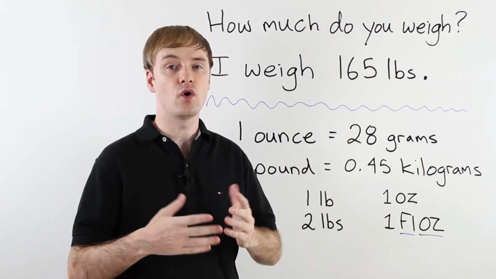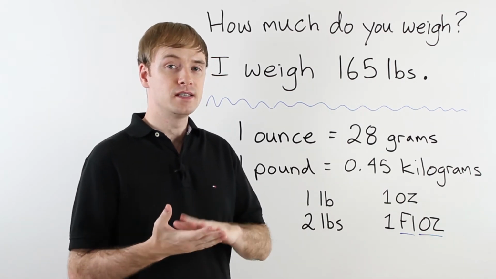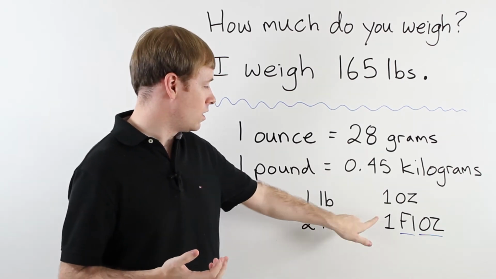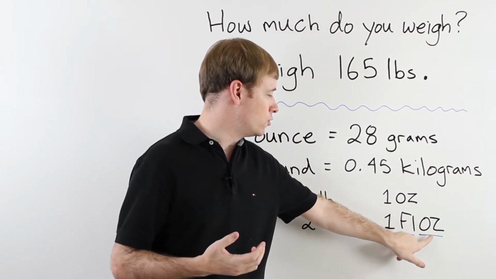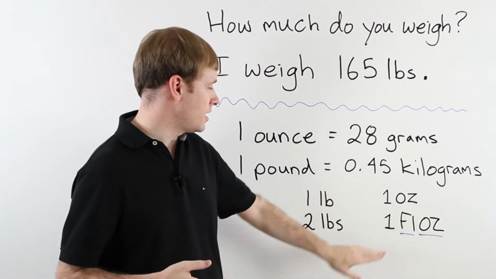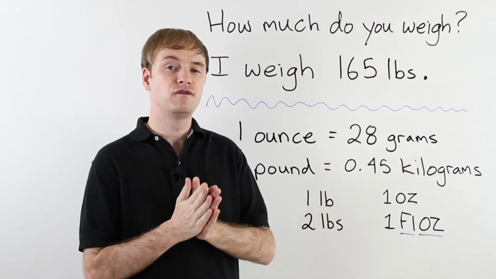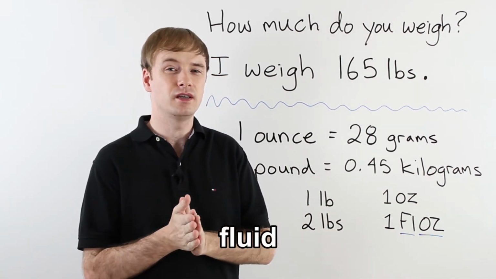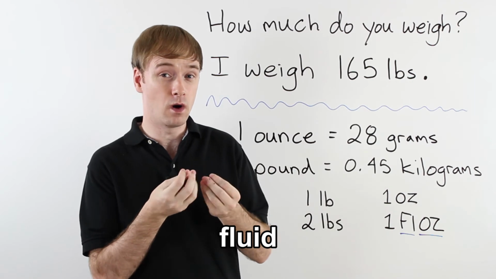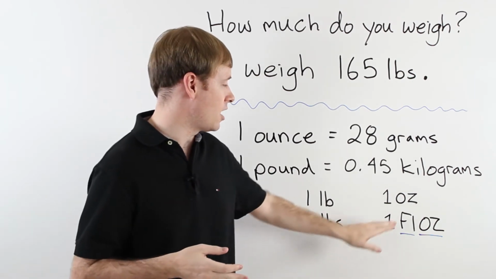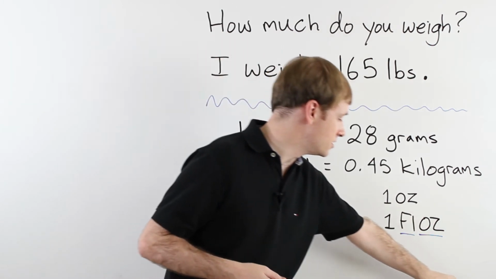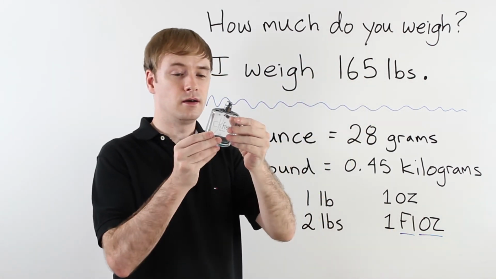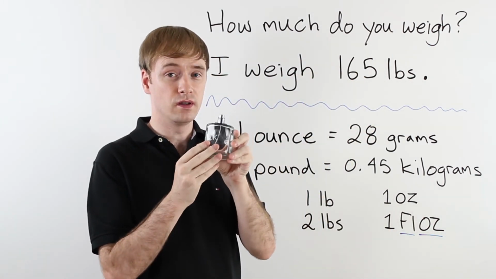It's always OZ. Sometimes you're going to see 1 FL OZ. Now the FL means fluid. Fluid is like a liquid, like water. Fluid ounce. And you're always going to see this on stuff like perfume or cologne.